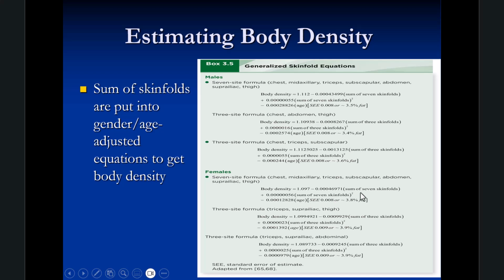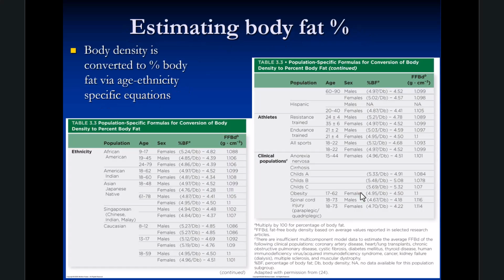Once you do that calculation, you're going to get a measure of body density, which should be around 1. If you're not getting a number around 1 point something, then something's probably not right. Once you get that body density number, you can convert it to an estimate of percent body fat using other equations. There are different equations based on different ethnic backgrounds.